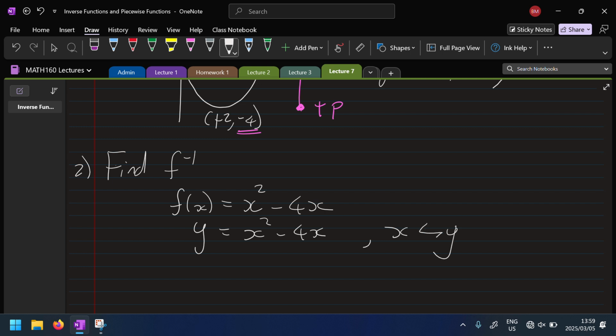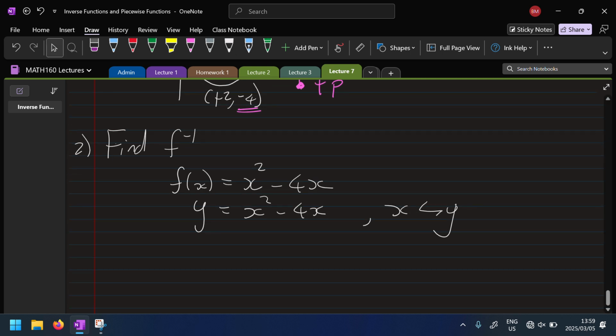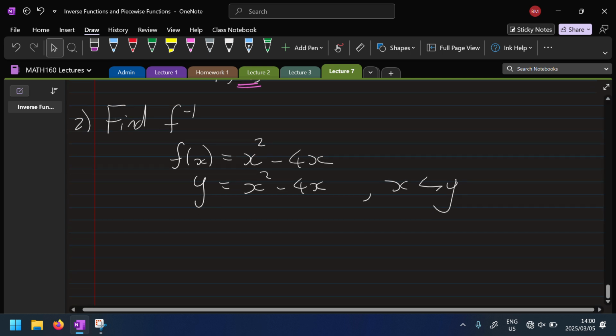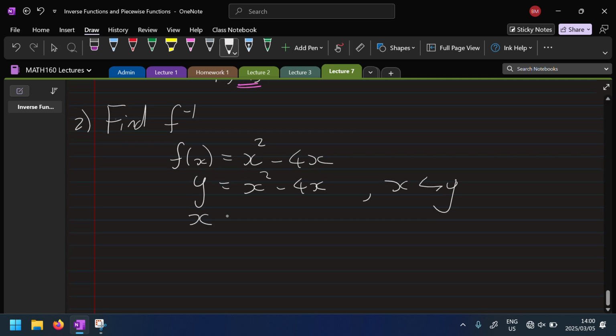You know, when finding the inverse, you swap them and then you solve. Same idea. Or you could just imagine this is x as a function of y, and then you solve it like that. But I think this one you're more comfortable with. So we'll do that. So this is x equals y squared minus 4y. Okay, maybe it's a bit more comfortable like this.